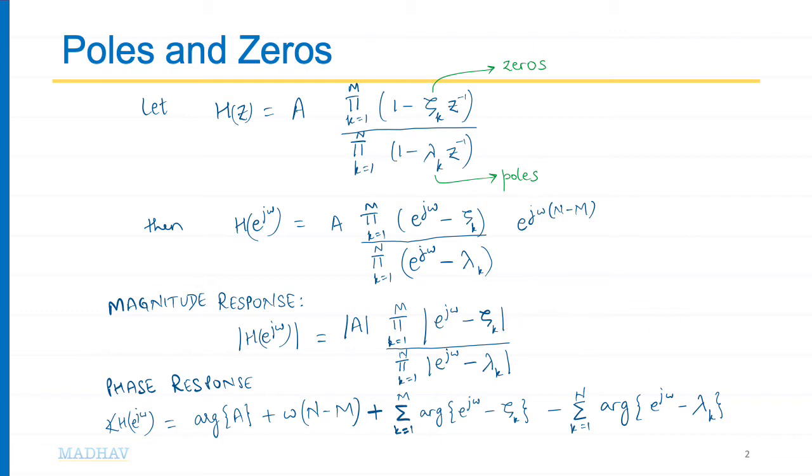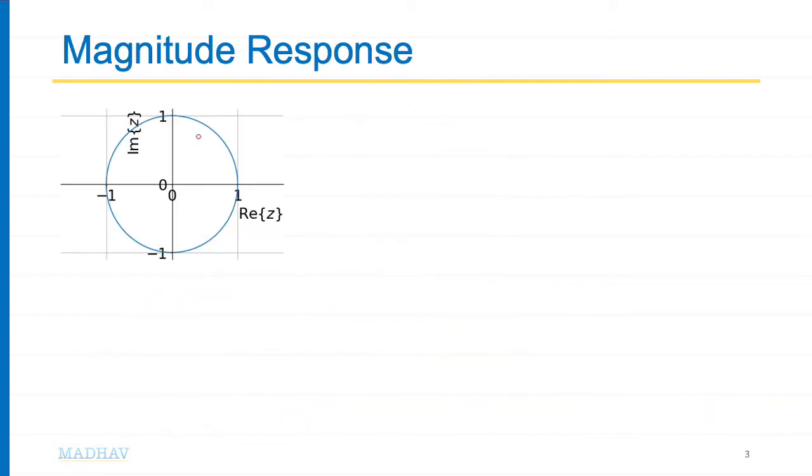Now let's look at the geometrical interpretation of the whole thing. Let's look at the magnitude response first. Let us take a simple pole-zero plot where we have a zero somewhere here. It is 0.8 times, the angle is 60 degrees here. So this is my zero.